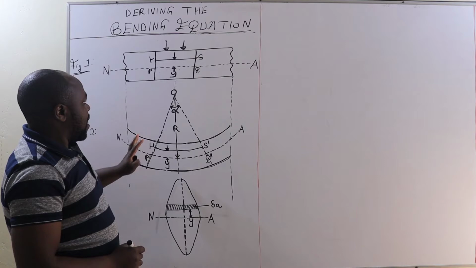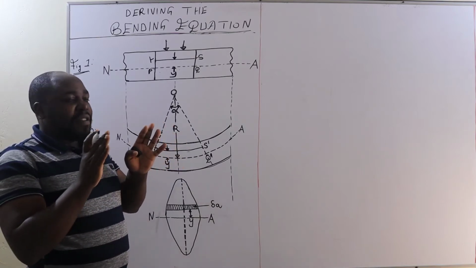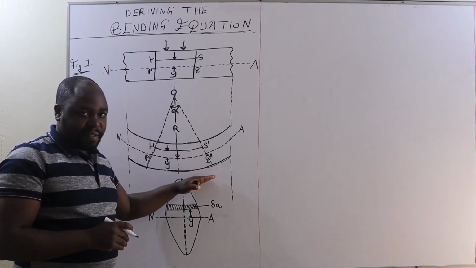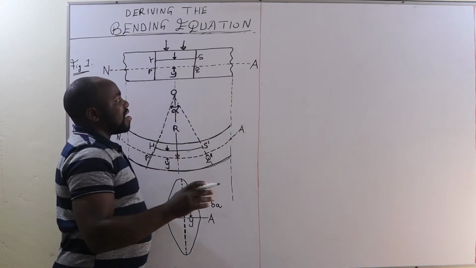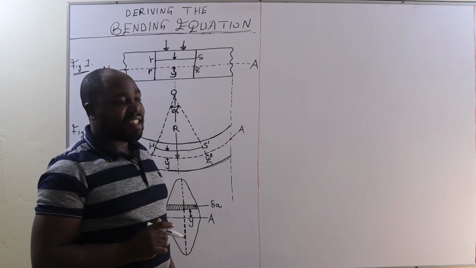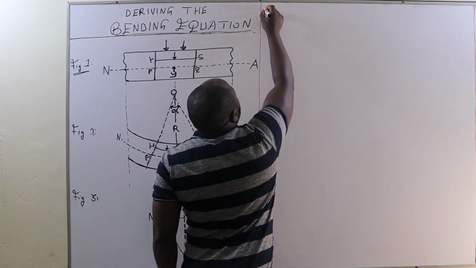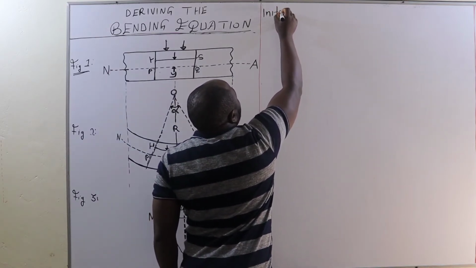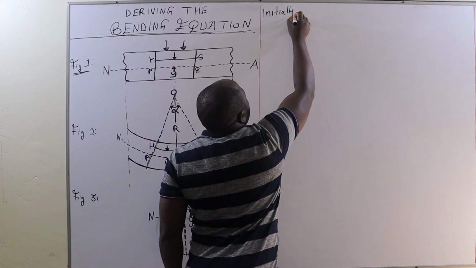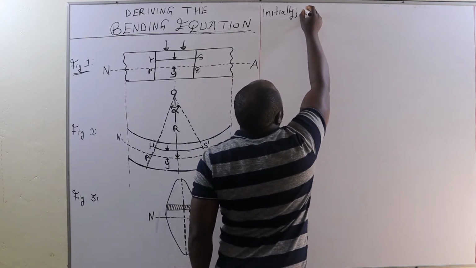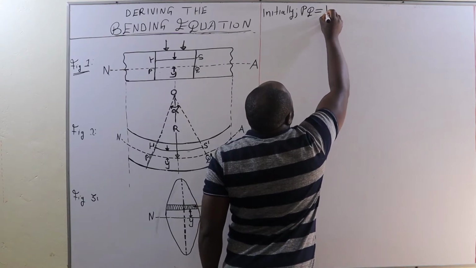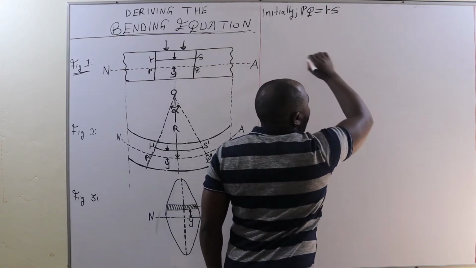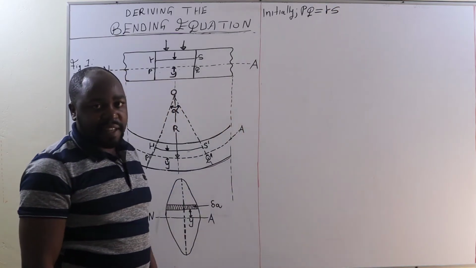Before the beam bends, these two layers have equal lengths, and therefore initially, before the bending of the beam, layer PQ is equal to layer RS.